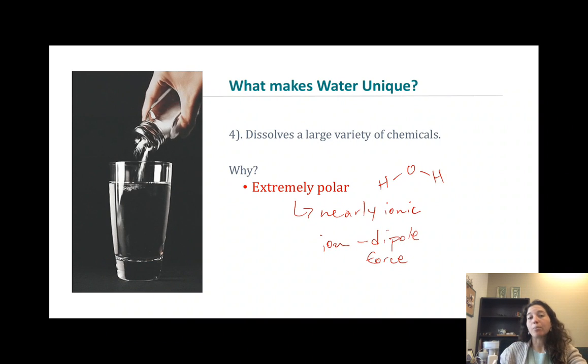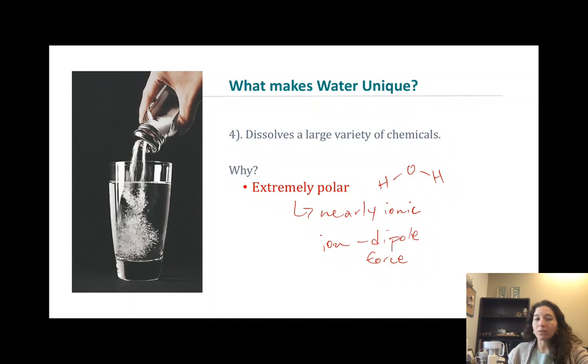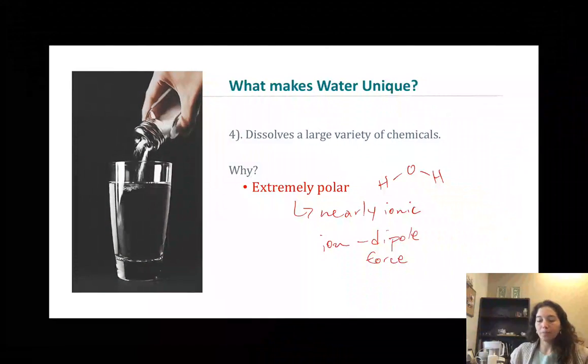So that's a very unique property of water. Things like H2S will not do that. They will not dissolve salts because they don't have this strong ion dipole force, because they aren't as polar.